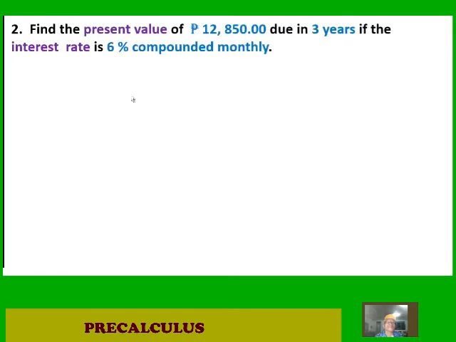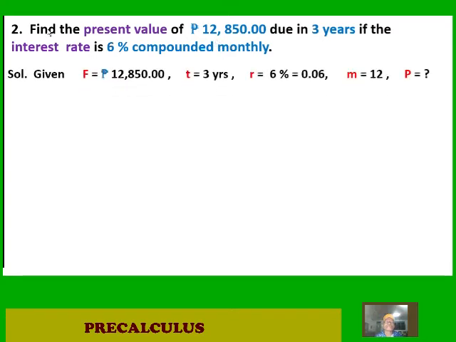Next, find the present value of 12,850 pesos due in 3 years if the interest rate is 6% compounded monthly. So this 12,850 is the maturity value, that is F, because we need to find the present value, which is P. Three years is the time, interest rate is 6%, or in decimal 0.06.